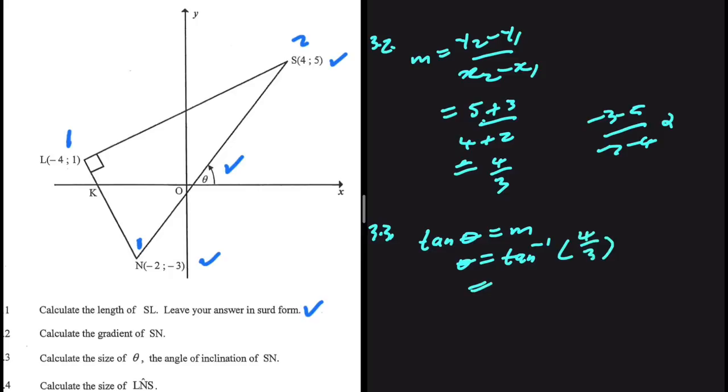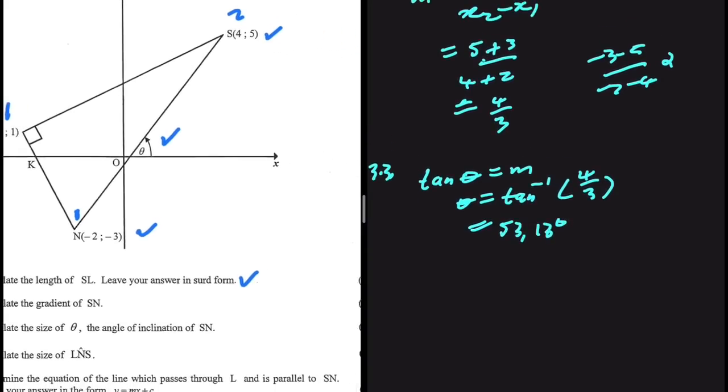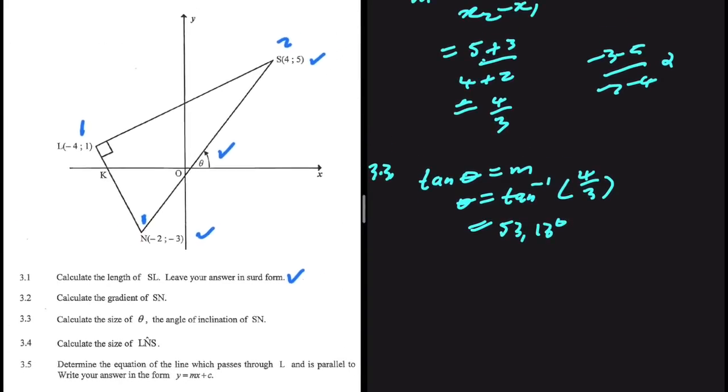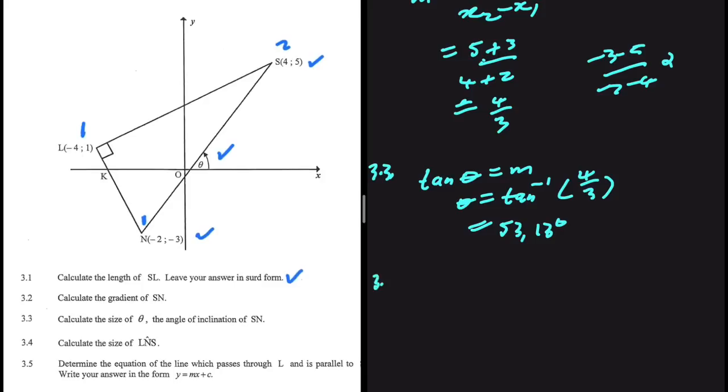Okay, let me just put that in my calculator again so that I don't make any silly mistake. That is 53.13 degrees. Okay, so how many marks? 2, 2, 2, 6. So we have 6 marks in the bag. We haven't done anything complicated. It's just standard procedure.